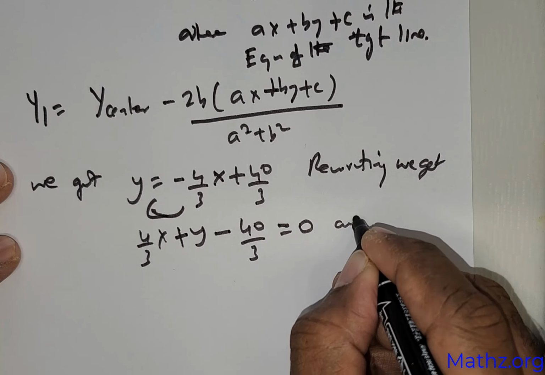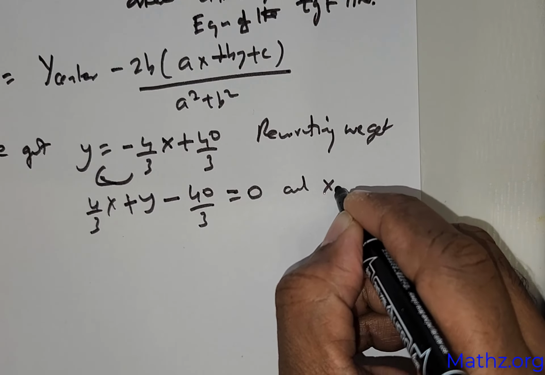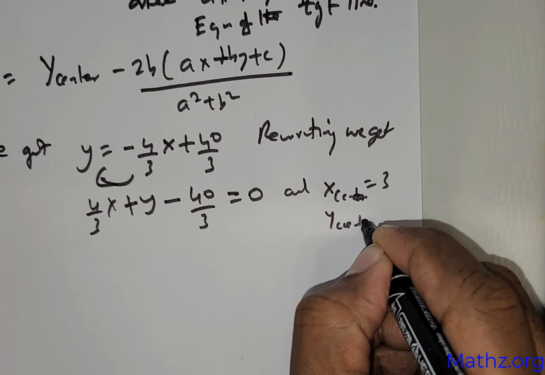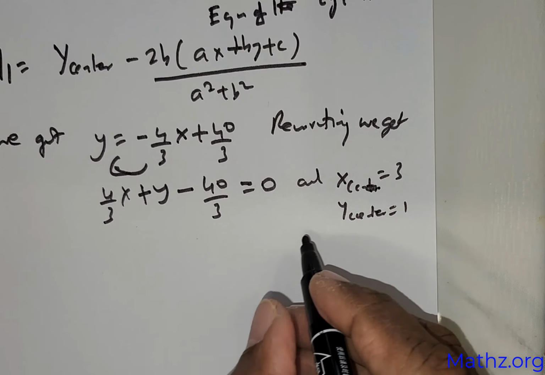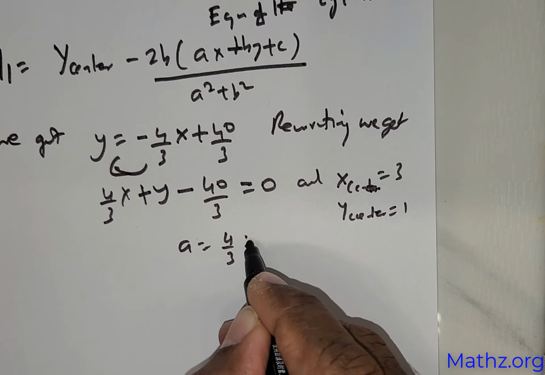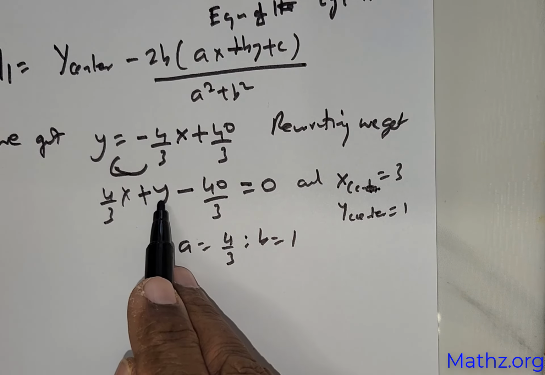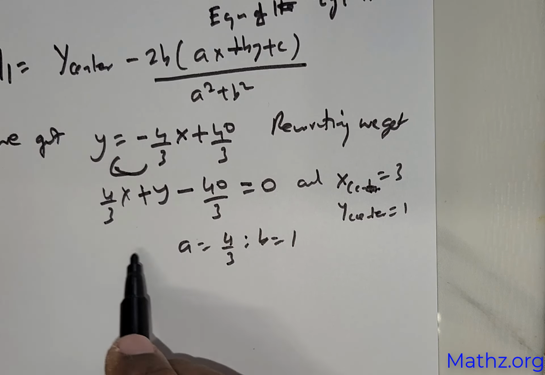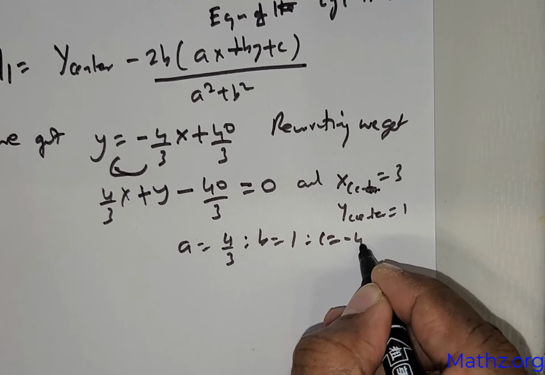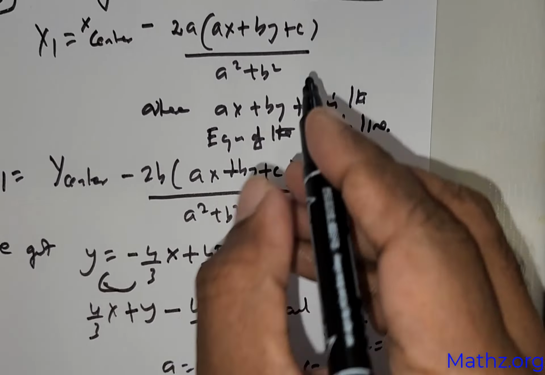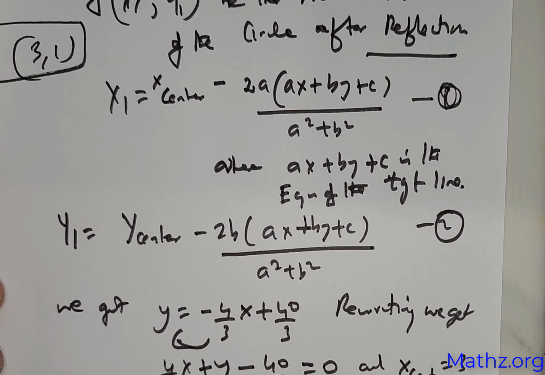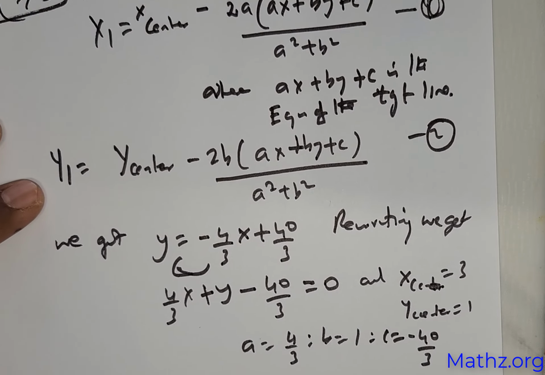And our x center is equal to 3, y center is equal to 1, and our a is 4/3, b is 1. The coefficient of the x term gives me a, the coefficient of the y term gives me b. Of course, c is -40/3. So you substitute that in 1 and in 2, and that would give us x1 and y1.